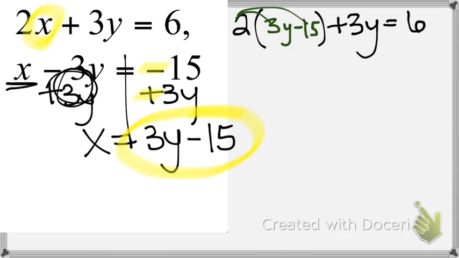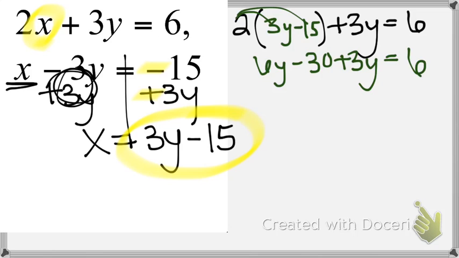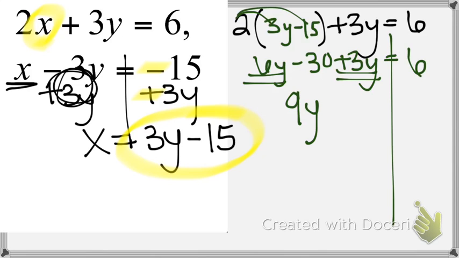So I'm going to distribute: 6y minus 30 plus 3y equals 6. Well, in this one, we got 6y and a plus 3y over there, and they're on the same side, so I have 9y, because I add them like it says. Bring down minus 30 equals 6.